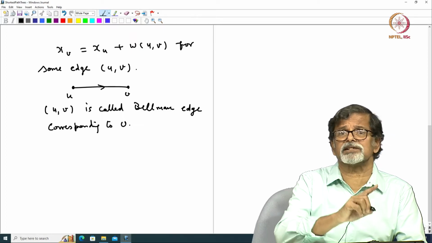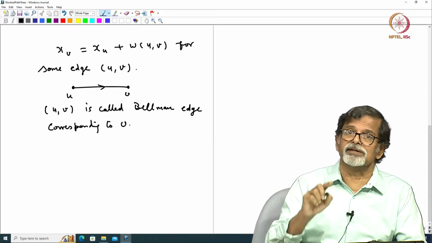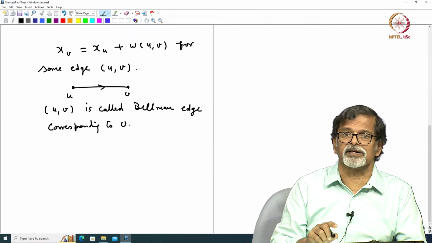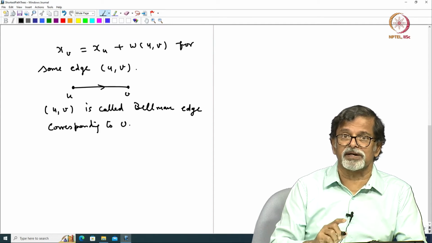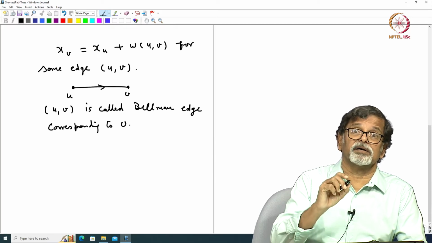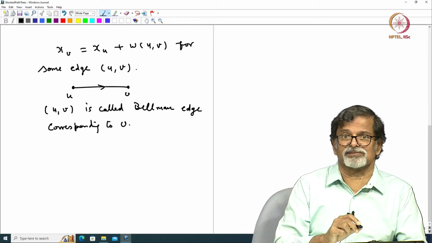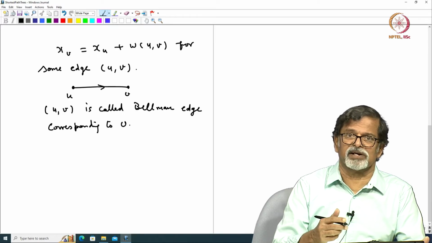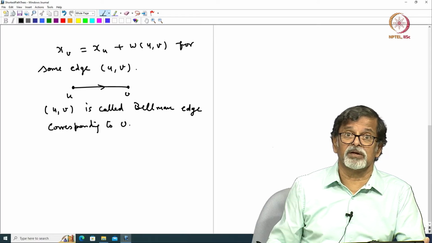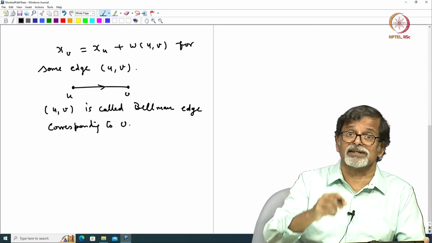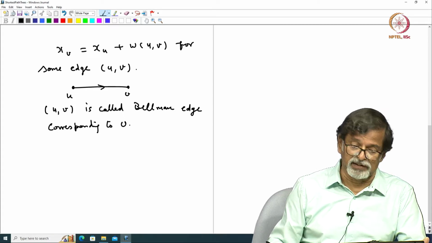So, for each vertex there is only one edge, because in that solution we have an edge ending at that vertex. So, one Bellman edge for each vertex, but if you look at S, there is no edge ending at S. In fact, delta S is straightaway set as 0, there is no Bellman edge associated with it. So, for all vertices other than S, we have a Bellman edge associated with this.